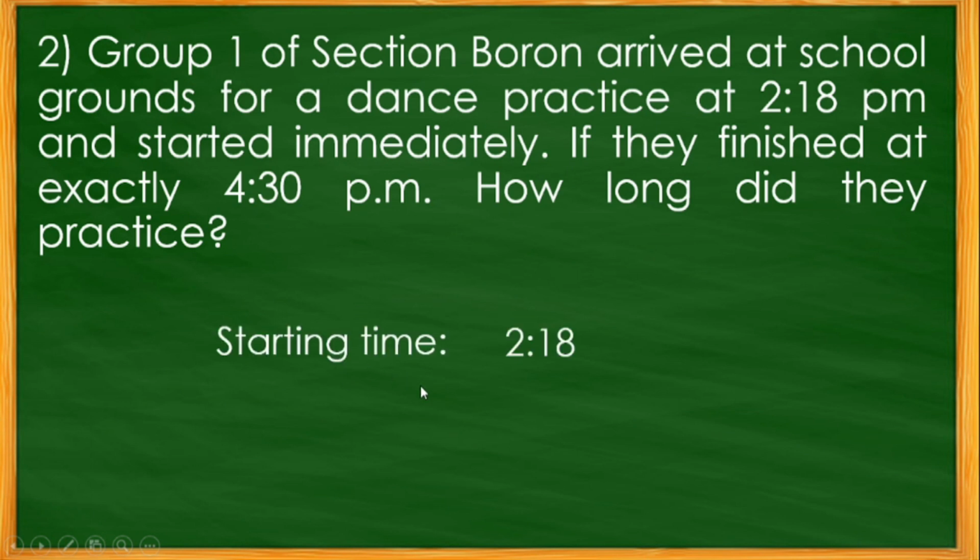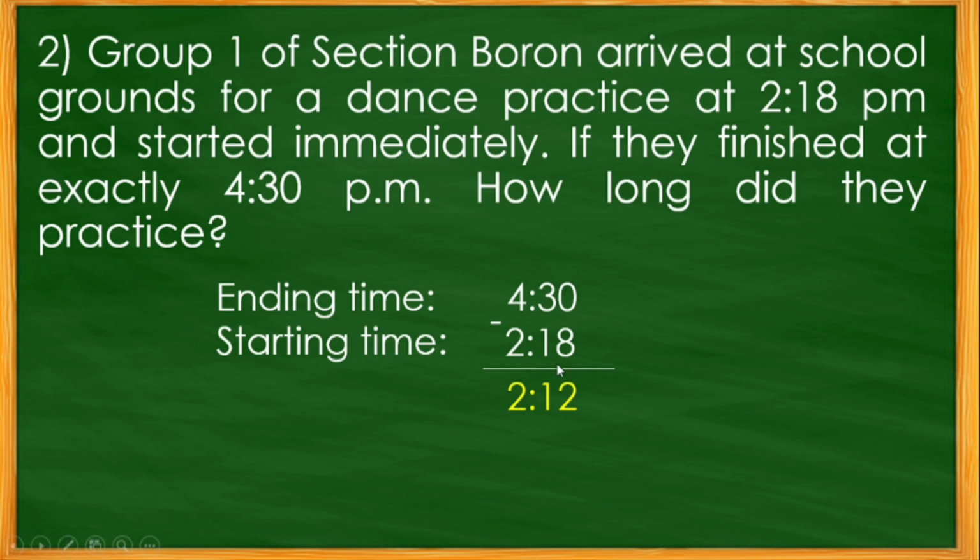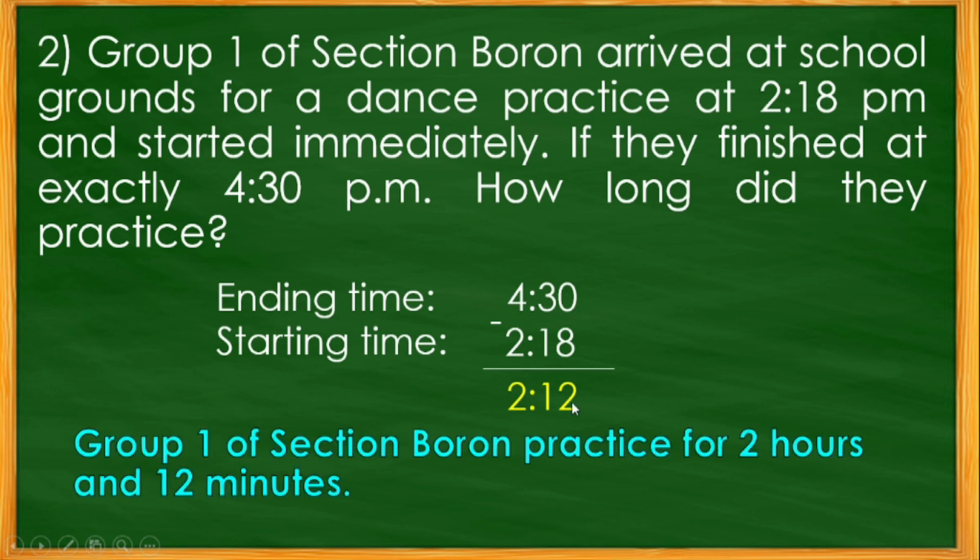So the starting time is 2:18 p.m. and then the ending time is 4:30 p.m. So let's subtract. The answer is 2 hours and 12 minutes. So group 1 of section Boron practiced for 2 hours and 12 minutes.